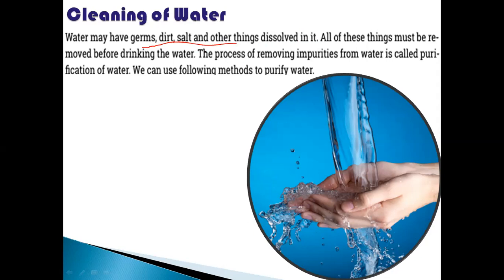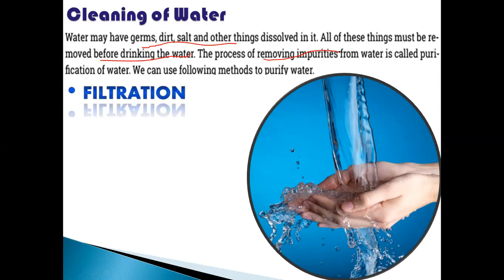So they can be moved to our drinking water also, like in the fresh water. So there are certain processes of removing of impurities. Those are called purification of water. Now we'll see what are these methods.